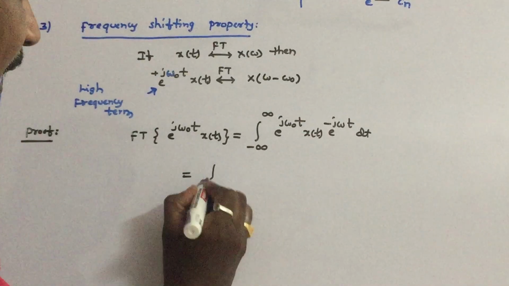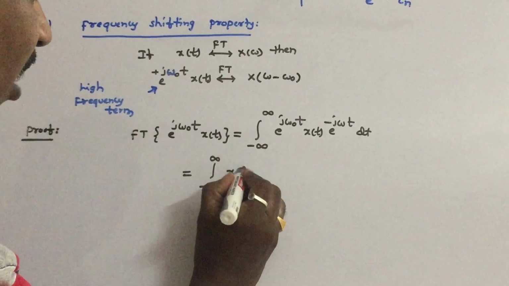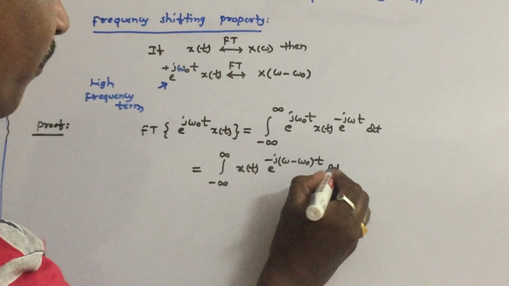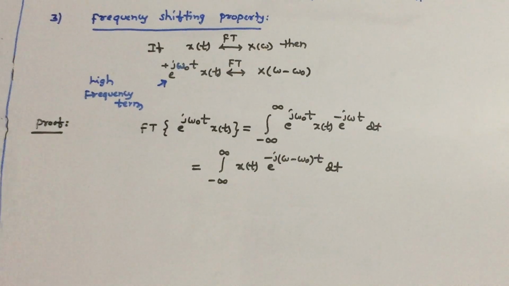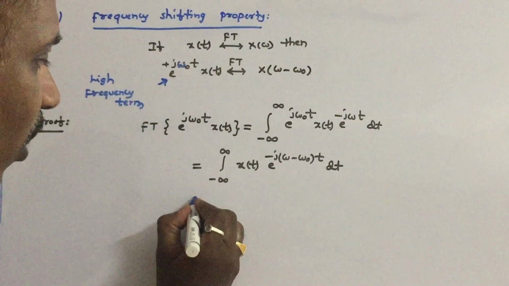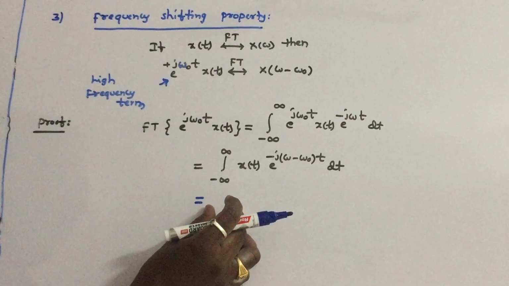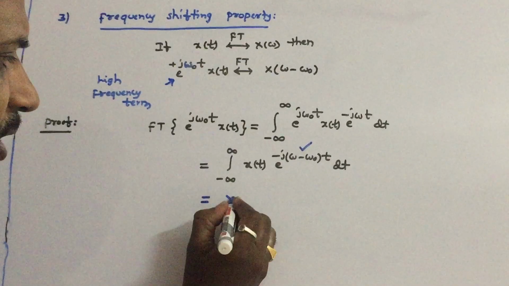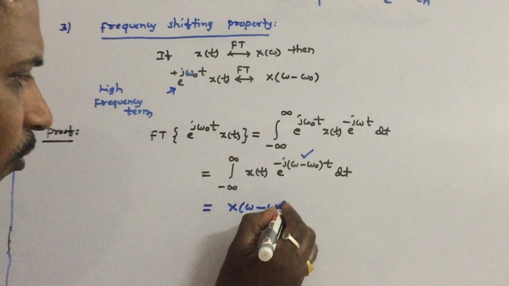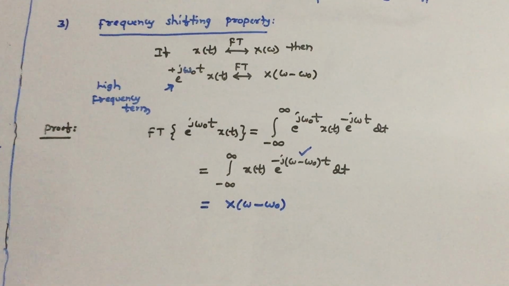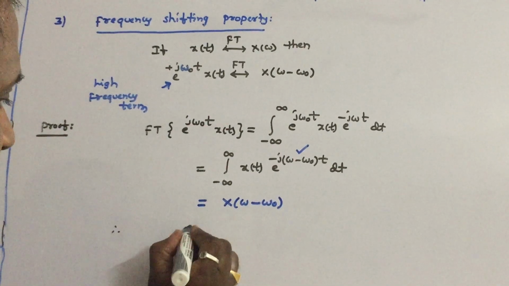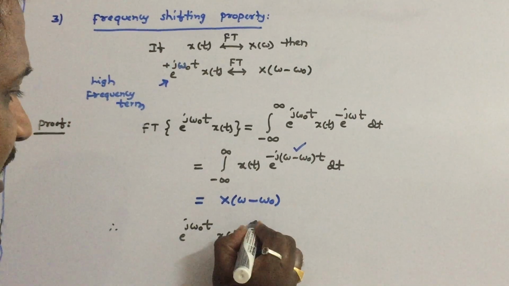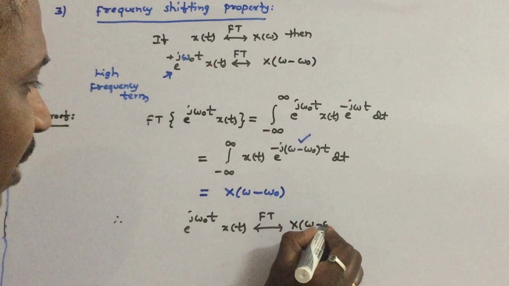So we take the integral from minus infinity to infinity of x of t into e power minus j omega minus omega naught into t dt. You can see that where omega was there, the entire function now comes in omega minus omega naught. So the answer will be a function of x of omega minus omega naught. Therefore, e power j omega naught t into x of t has the Fourier transform x of omega minus omega naught.